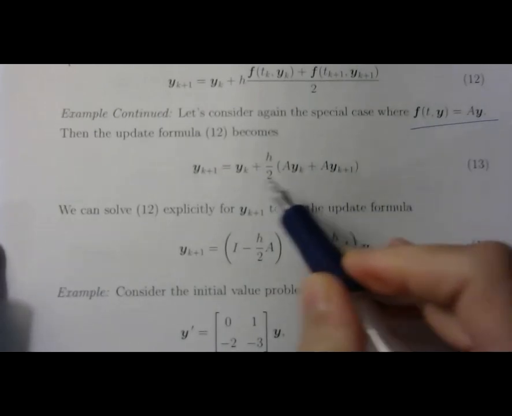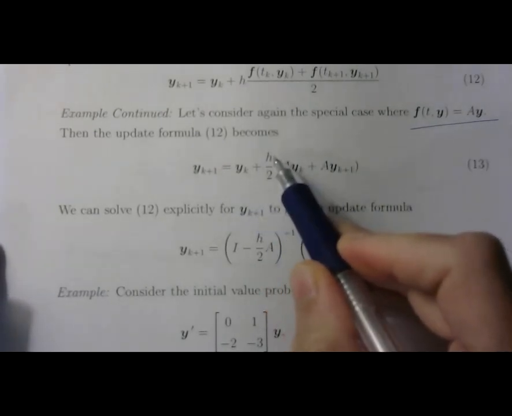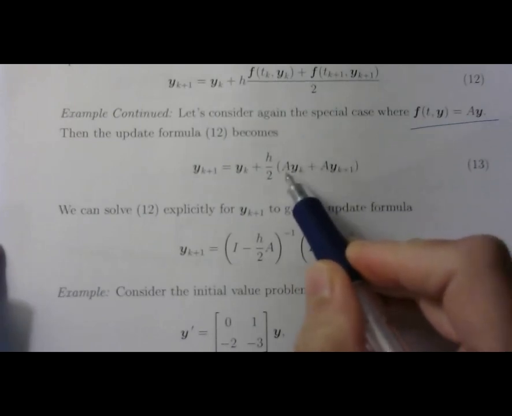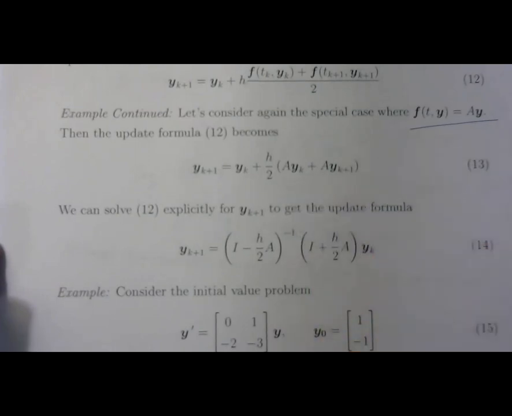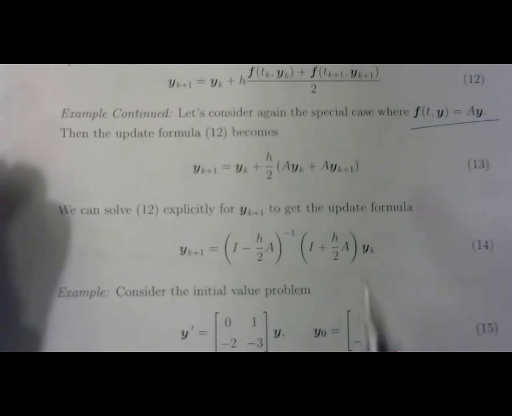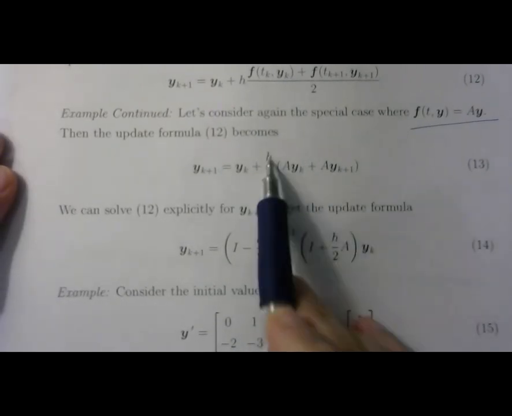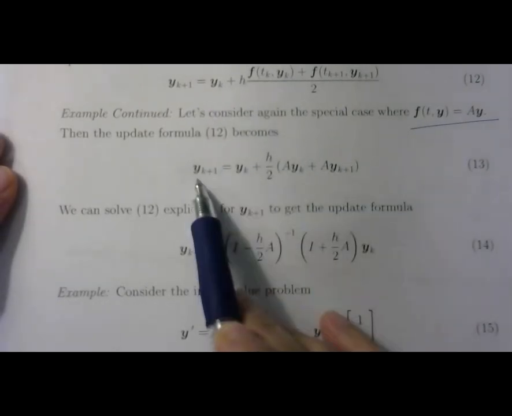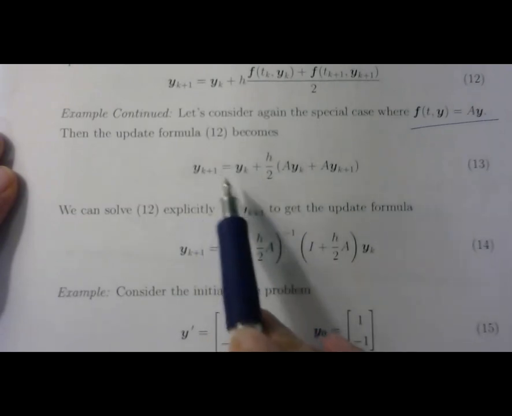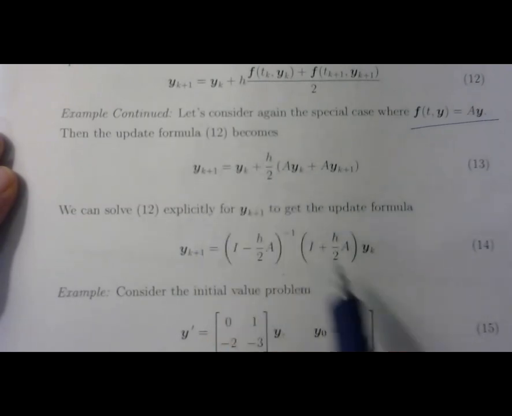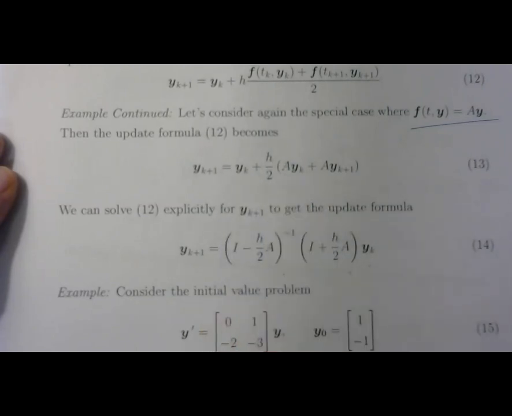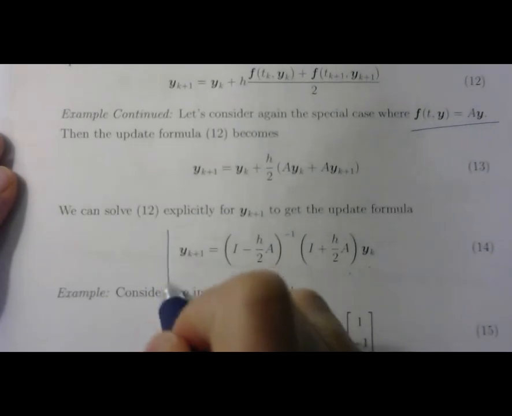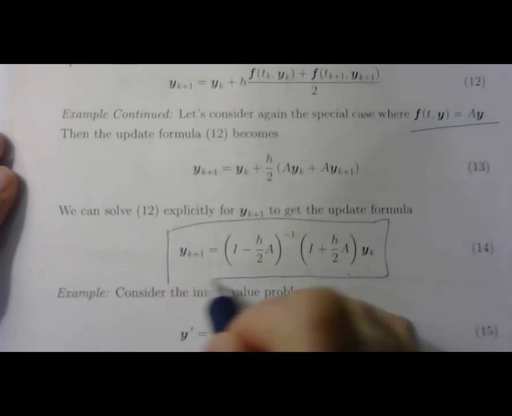Because the right-hand side now becomes y_k plus h times a y_k plus a y_{k+1} divided by 2, the average here. I can solve that for y_{k+1}, right? I subtract h over 2 times a y_{k+1} to the left-hand side, and then I multiply by the inverse of that matrix, and I have this other matrix that multiplies y_k: an identity from here and h over 2 a from here. And so I get this formula here. This is called the implicit trapezoid method.